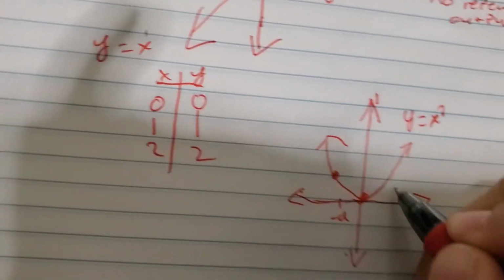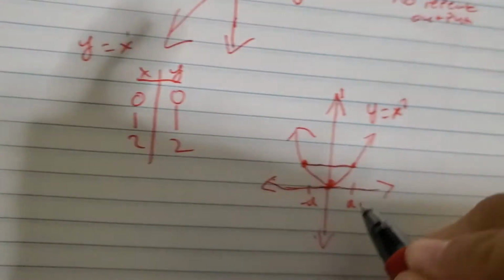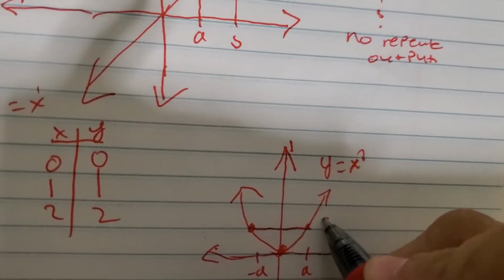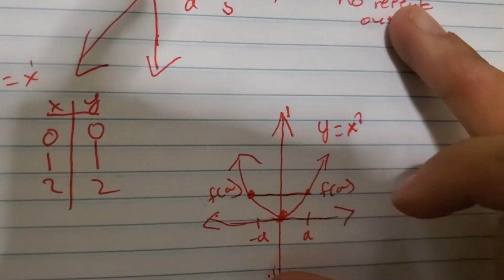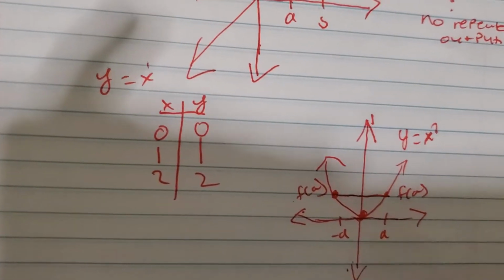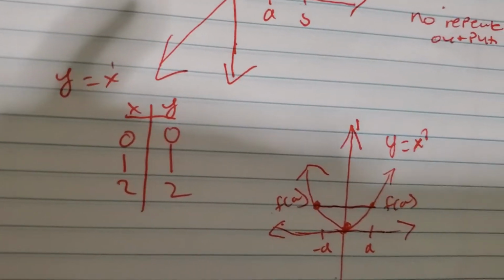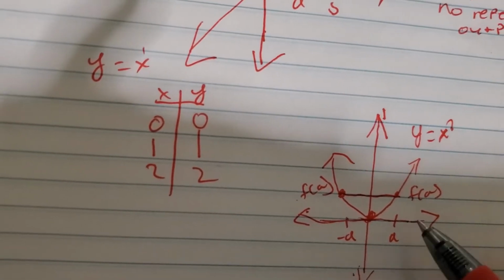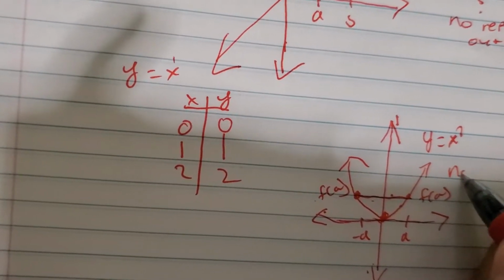So there's another value at a, and both these values are the same value, f of a. Because there are two inputs for the same output, and they're repeated, it's not one-to-one.